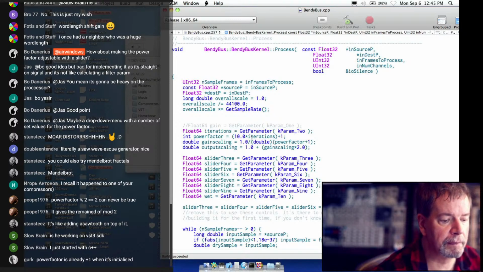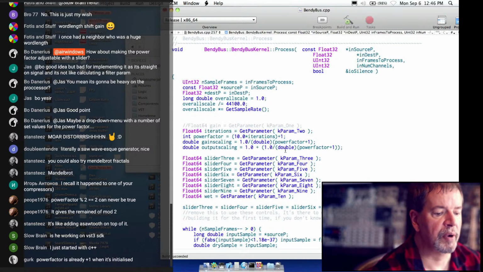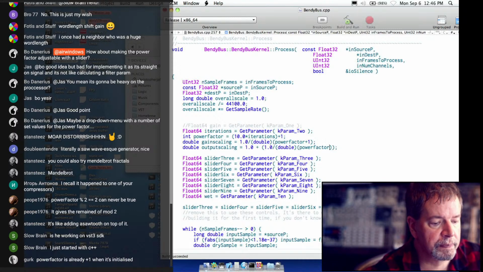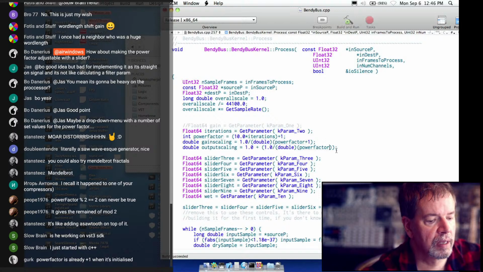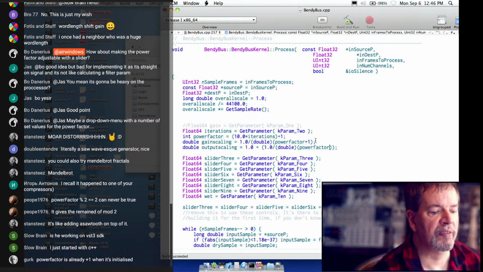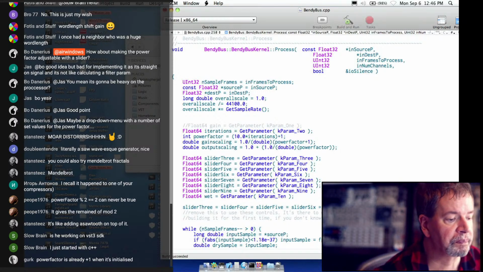So gain scaling, we had this and it wasn't exactly right. Let's find out what happens when we instead simplify this. And gain scaling is power factor plus 1, but output scaling is 1 plus without power factor plus 1.